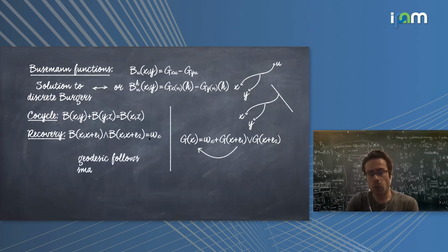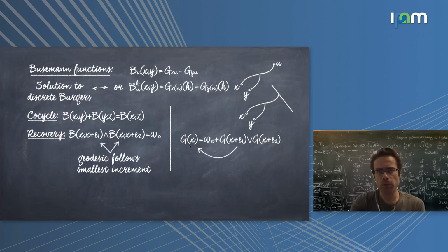And one thing to learn from this also is, if you remember how we proved this relation, it's telling you how if you know the Busemanns, then you can actually construct the geodesic in somewhat a local way. So if you want to know where to go next from x, you look at the Busemann increment in the E1 direction and in the E2 direction, and you see which one is smaller, and you just take that step. Okay, so keep that in mind.